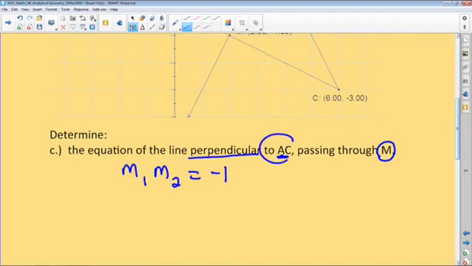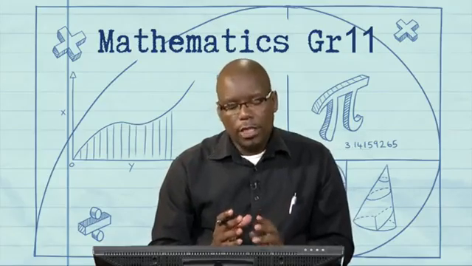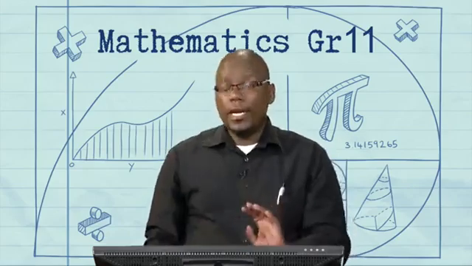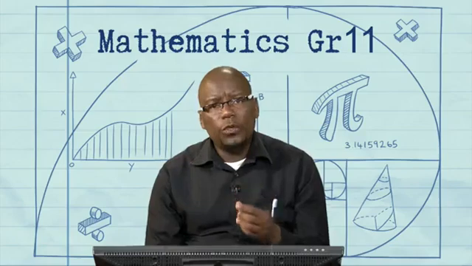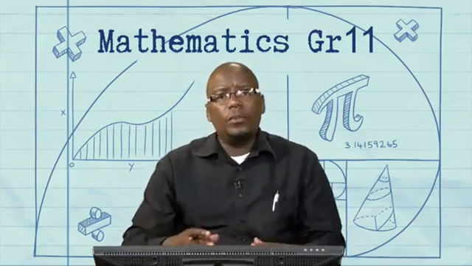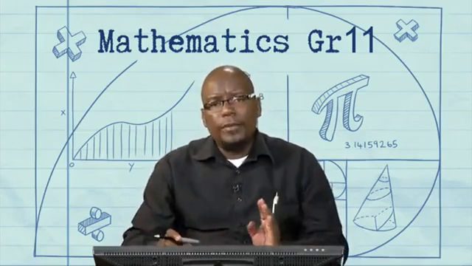Do we know the gradient of AC? Yes, we've worked it out. M is negative half. Okay. Now, the gradient of the second line. Now, go back to your question. Determine the equation of a line. Okay, we're working out the equation of a line that is perpendicular to AC and passing through M. And now remember, guys, at the end of the day, you have to have your equation in a standard form, which is the equation of a line y equals mx plus c.